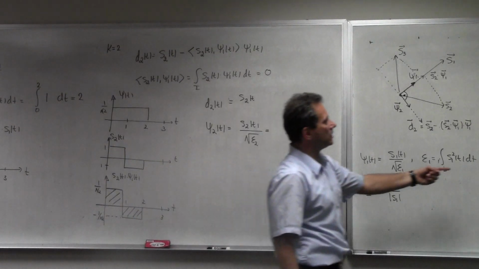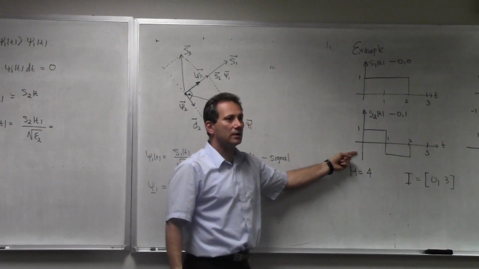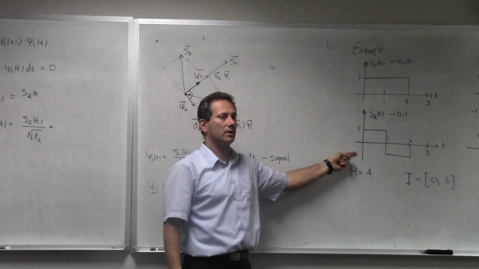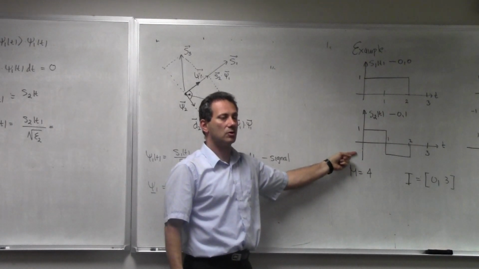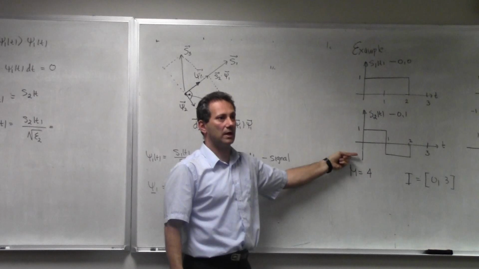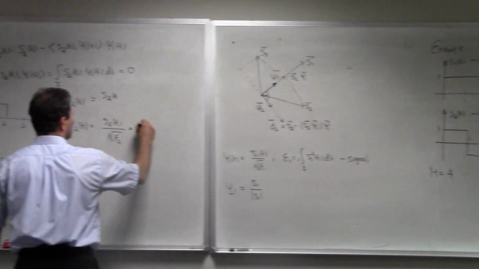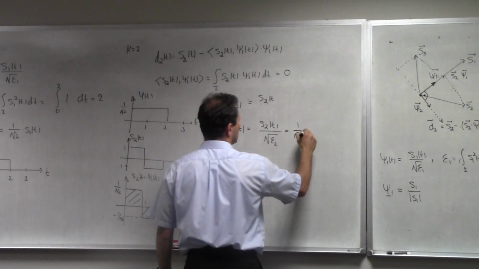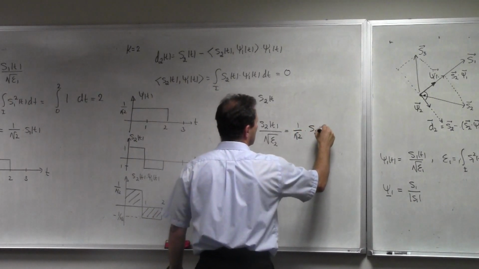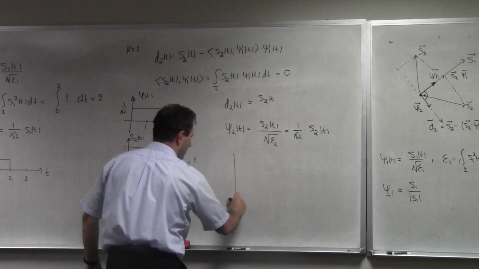What's the energy of this signal? If I square it and integrate the area under the curve, what do I get? Energy is 2, right? So my psi 2 of t is going to be 1 over square root of 2 times S2 of t.